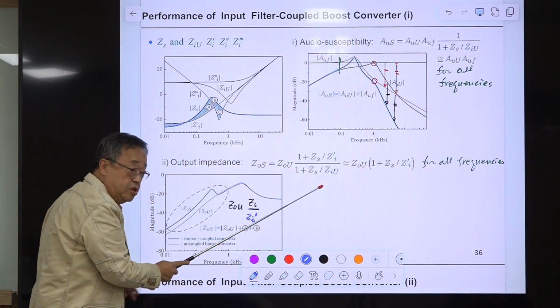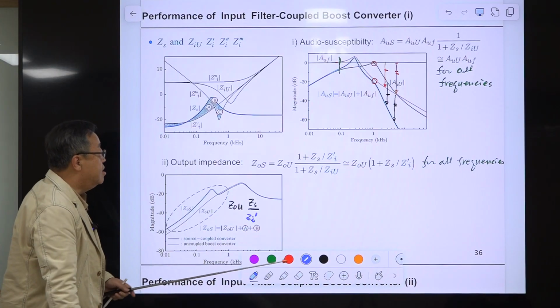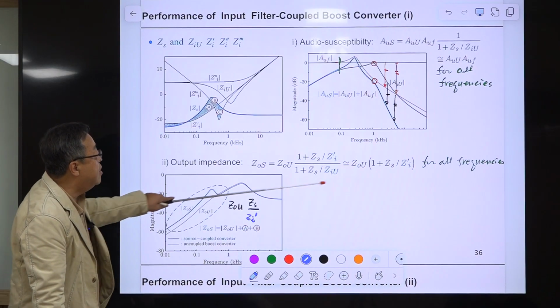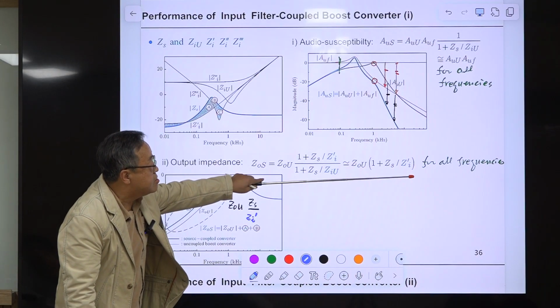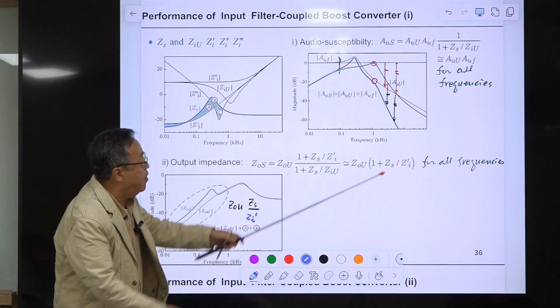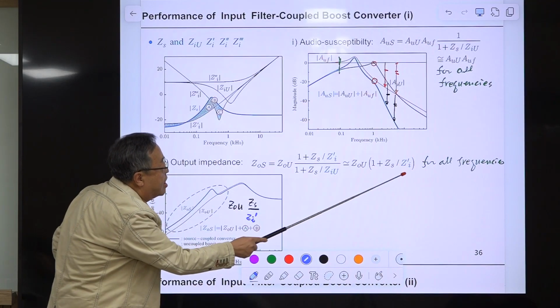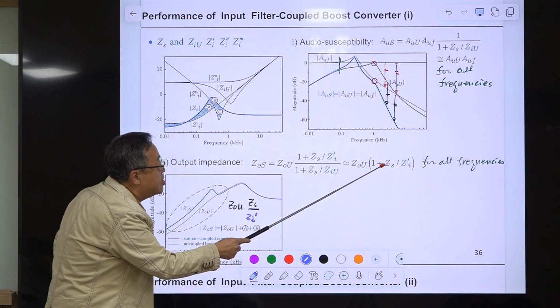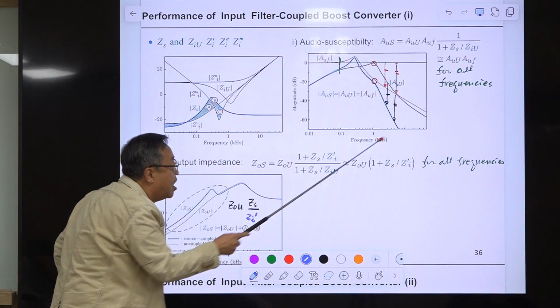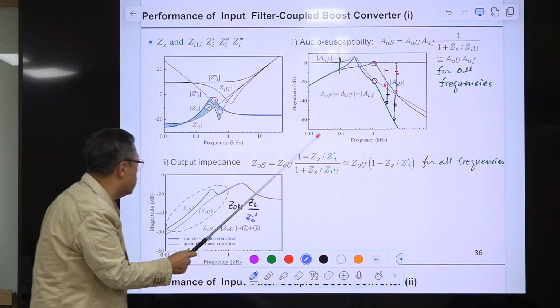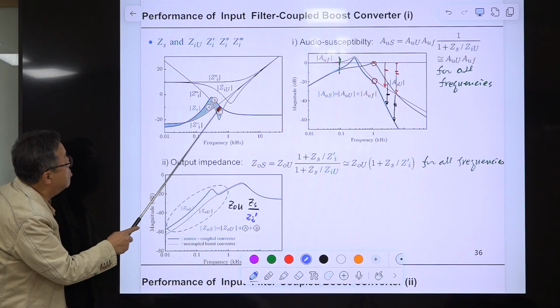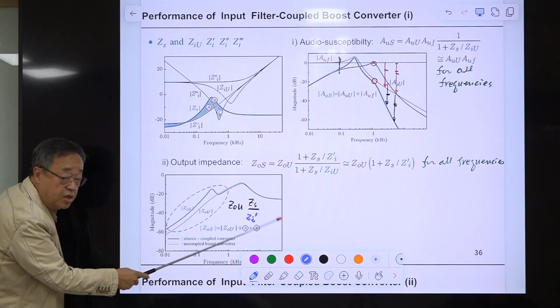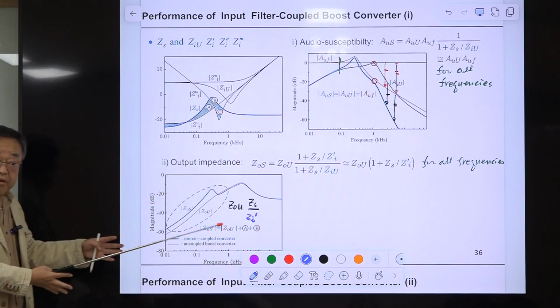So you forget about this for the entire frequency range. Then the remaining is this one. When this GI prime is larger than this, you ignore this, and that becomes GOU. That frequency range is this range, so in this range, they are the same.